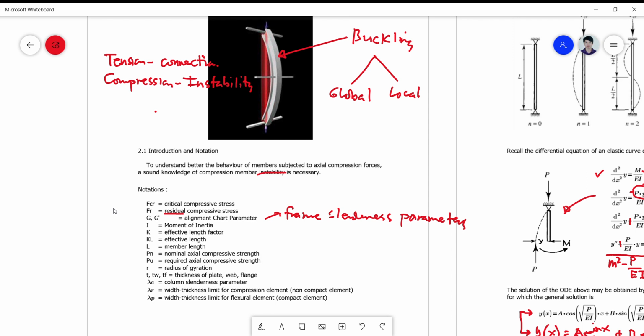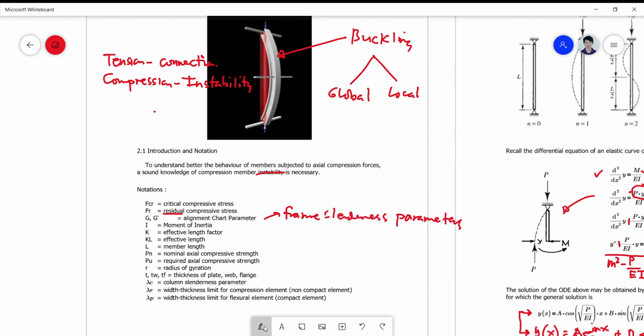So when we dealt with tension last time, we more or less saw the importance of the connection in considering loads, for us to be able to ensure that the member will behave as such.